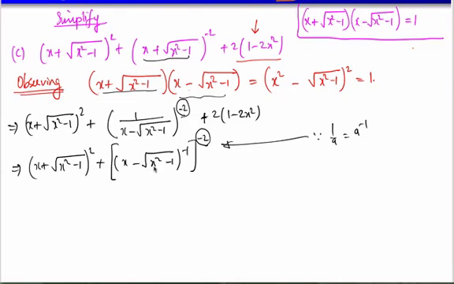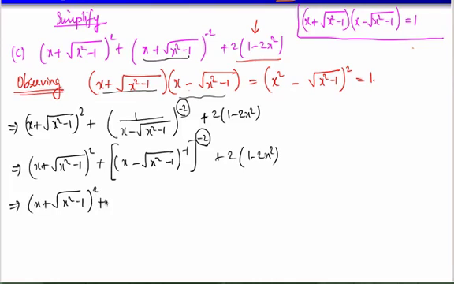Plus 2 times 1 minus 2 x square. So this gets me x plus square root of x square minus 1 the whole square plus x minus square root of x square minus 1 the whole raised to 2, because minus 1 into minus 2 will become 2, plus 2 times 1 minus 2 x square.